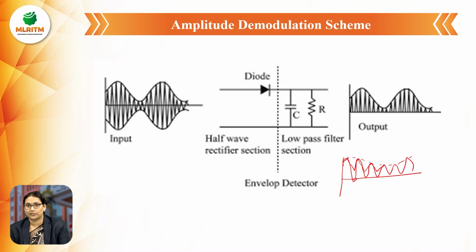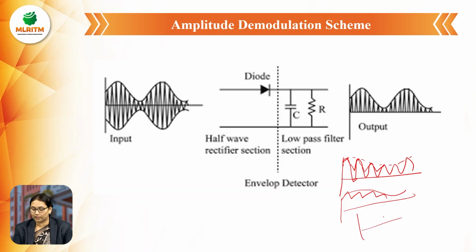With that, the capacitor charges to the peak value, the maximum value. When the diode is in off condition, the capacitor discharges through the resistor R. So the charging and discharging paths will be like this. This signal is given to the low pass filter, the RC combination. A low pass filter allows only low frequency signals. The resulting waveform will be the modulating signal. This is about the envelope detector demodulation process of AM wave.